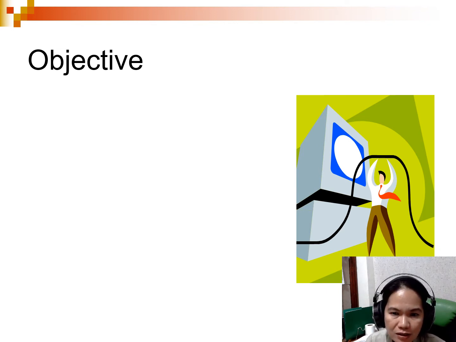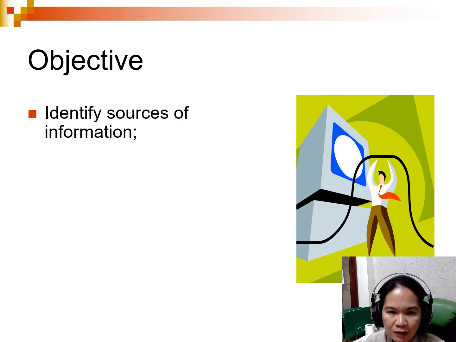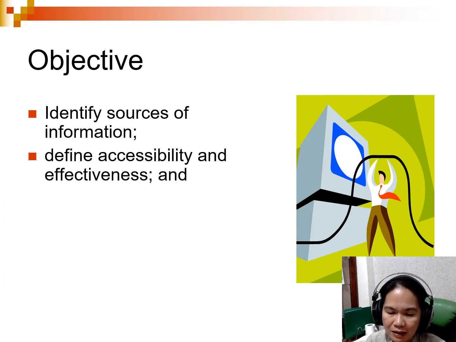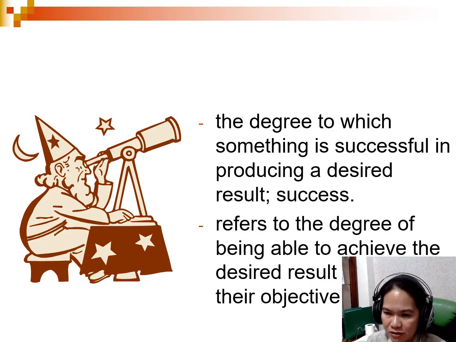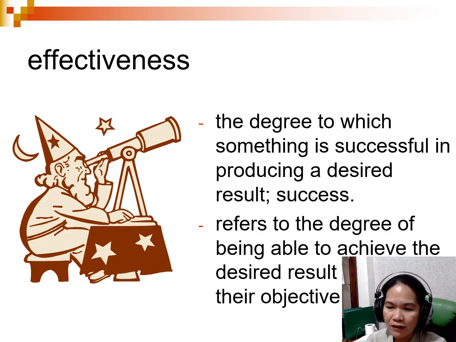So at the end of this lesson, we have this objective. Okay? We have to identify sources of information, define accessibility and effectiveness, and recognize, compare, and contrast contents of materials viewed from various sources. So when we talk about effectiveness in sources of information, if we're going to define that, effectiveness means the degree to which something is successful in producing a desired result, or for short, a success.